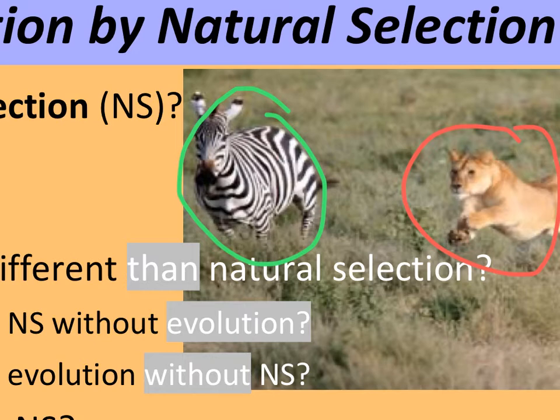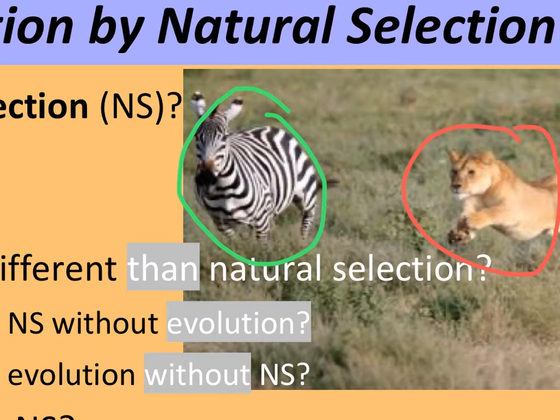The same thing is going on with the lion. In this case, not only is the lion causing the population of zebras to change into fast-running zebras, but these fast-running zebras are affecting lions. If you have a lion that has 5 aces, he's a very, very fast lion and is never going to have a problem finding a slower zebra to eat. And so that lion is going to survive and reproduce.